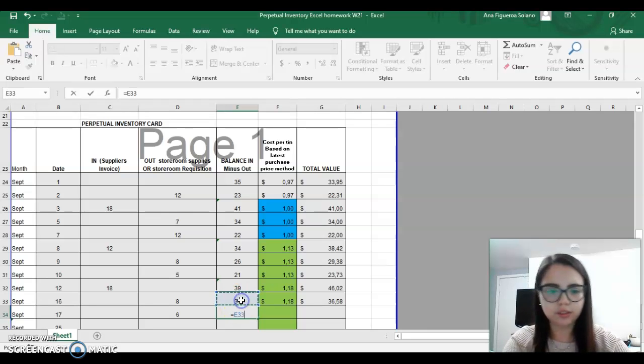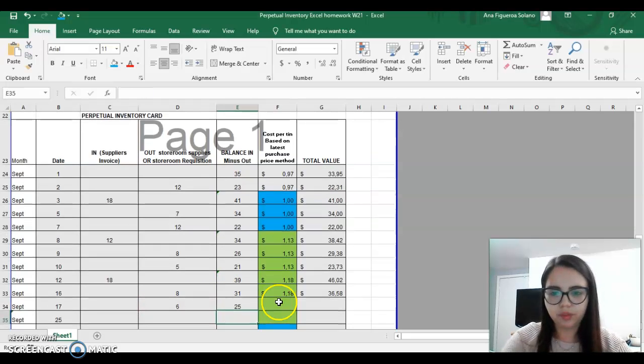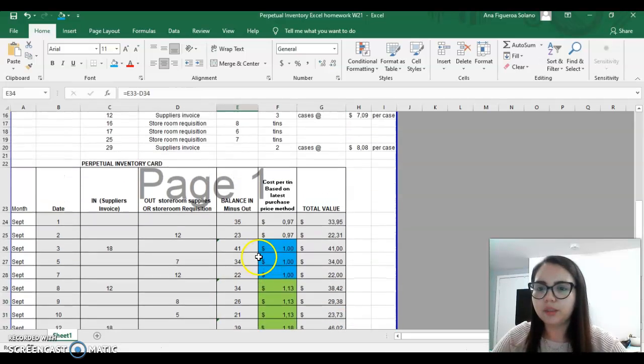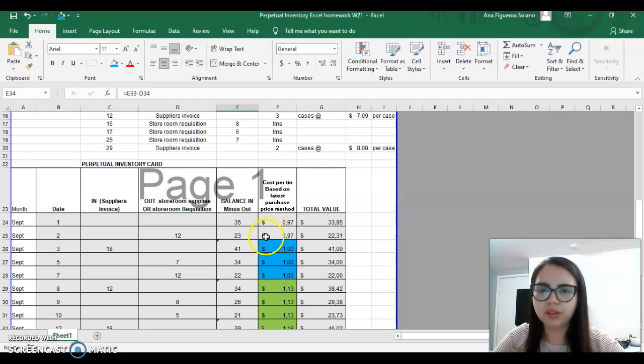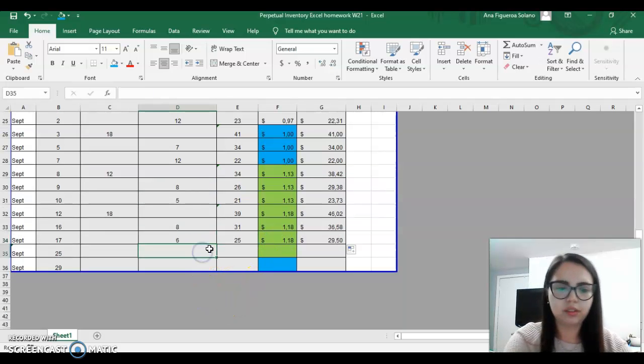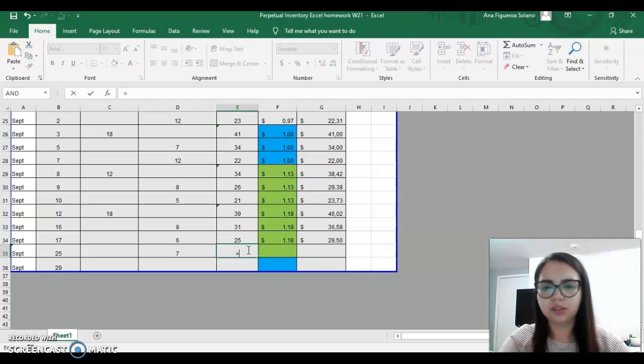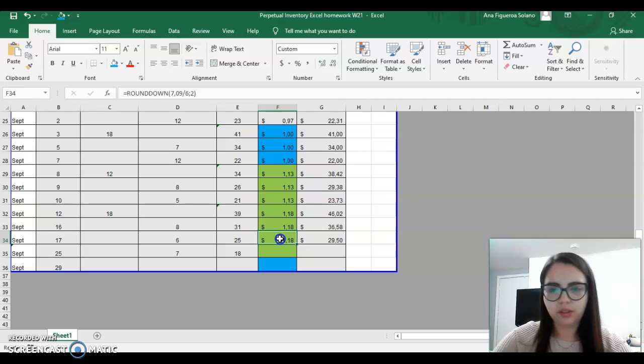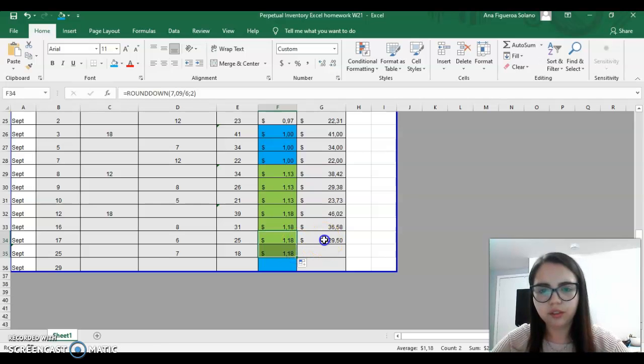So we subtract, autofill, and autofill. September the 25th, another requisition of 7. So we subtract again, and autofill here, autofill here.